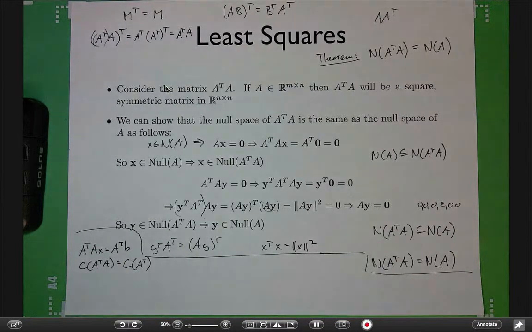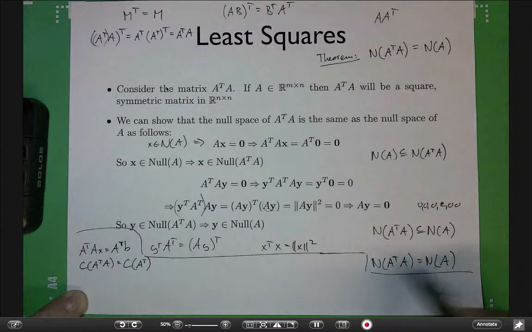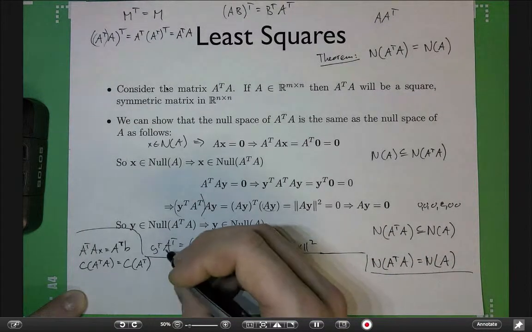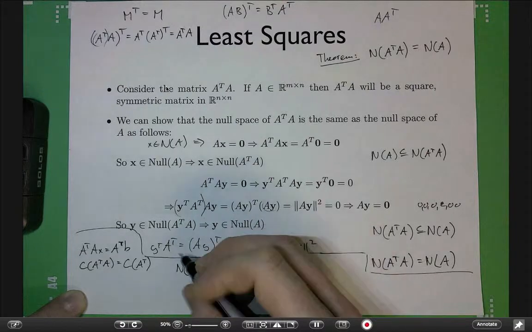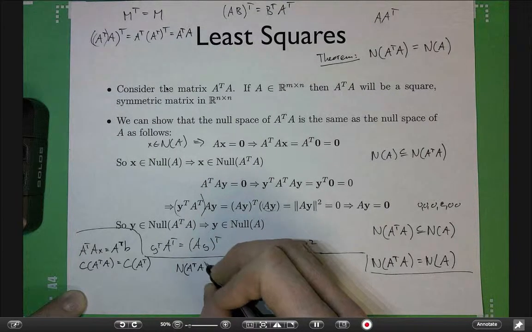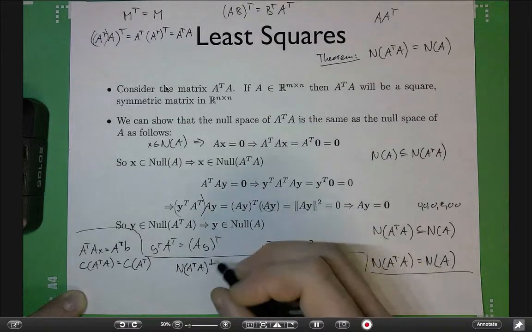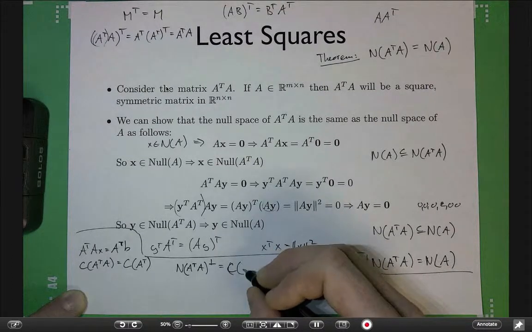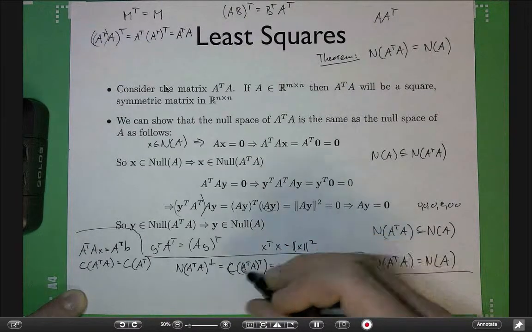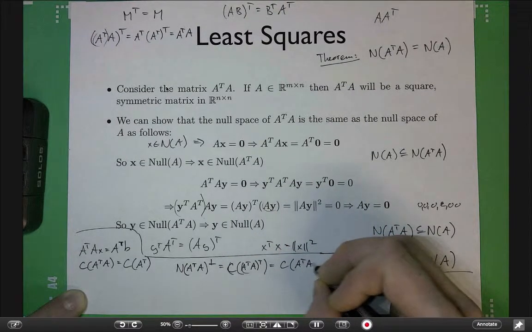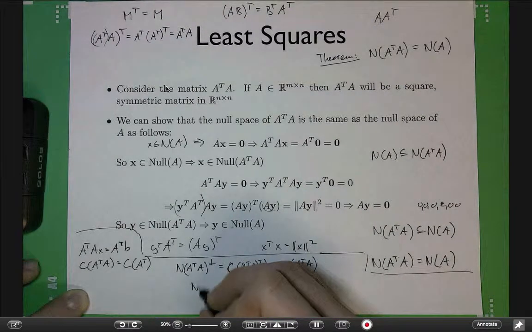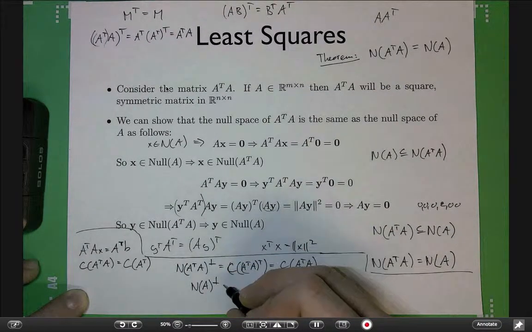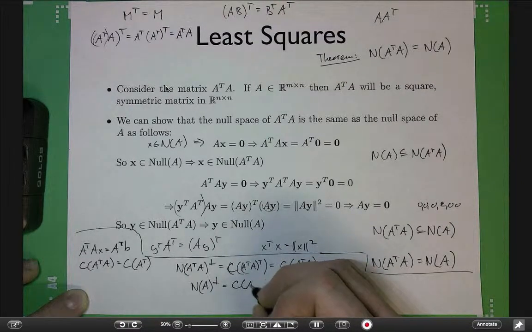Now, we know that these two null spaces are equal, and what we discussed previously is that the orthogonal complement of the null space is the column space of that thing transposed, the row space. In this case, AᵀA is a symmetric matrix, so it's just the same thing. For A, the orthogonal complement of the null space is the row space, or C(Aᵀ).